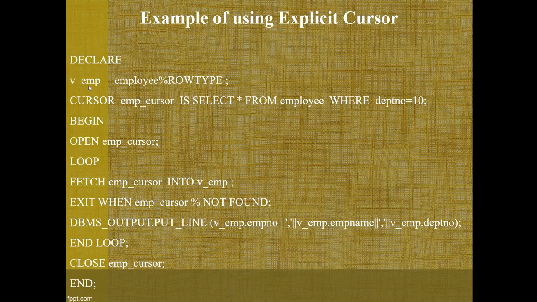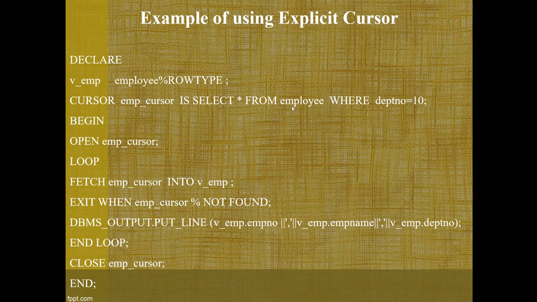So declare, and then I am declaring one variable v_emp by referencing the employee table %rowtype. So here I am referencing the whole row type, and then I am declaring the cursor by using the keyword cursor. The cursor is select * from employee where department = 10.